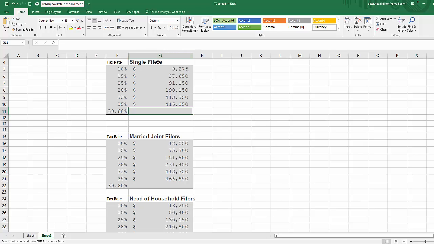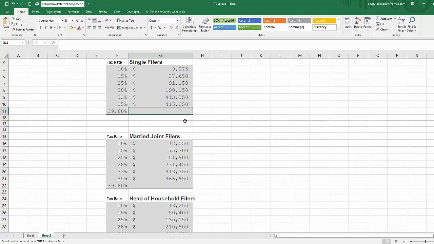For example, if you're filing single, on the first $9,275 that you earn, you pay a 10% tax. On the income between $9,000 and $37,000, you pay 15%, and on the income between $37,000 and $91,000, you pay 25%, all the way up to $415,000, and anything above $415,000, you pay 39.6% in taxes.